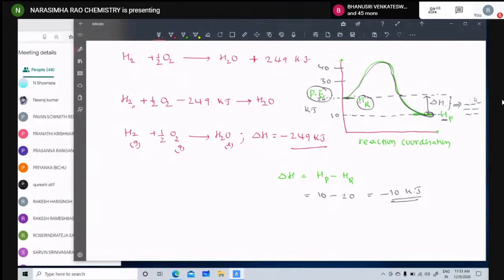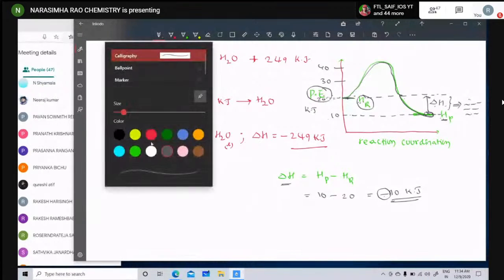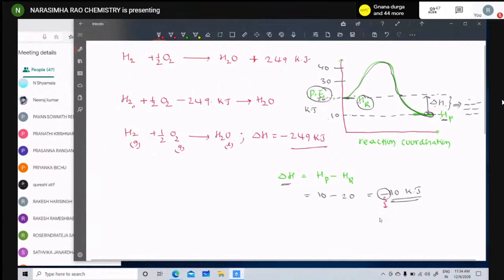Given off is this much potential energy. That change can be calculated: delta H is equal to the difference, how much energy is liberated. So 10 kilojoules of energy is liberated. So lesser value, 10 minus 20, gives a negative value. This negative sign is indicating the energy liberated.